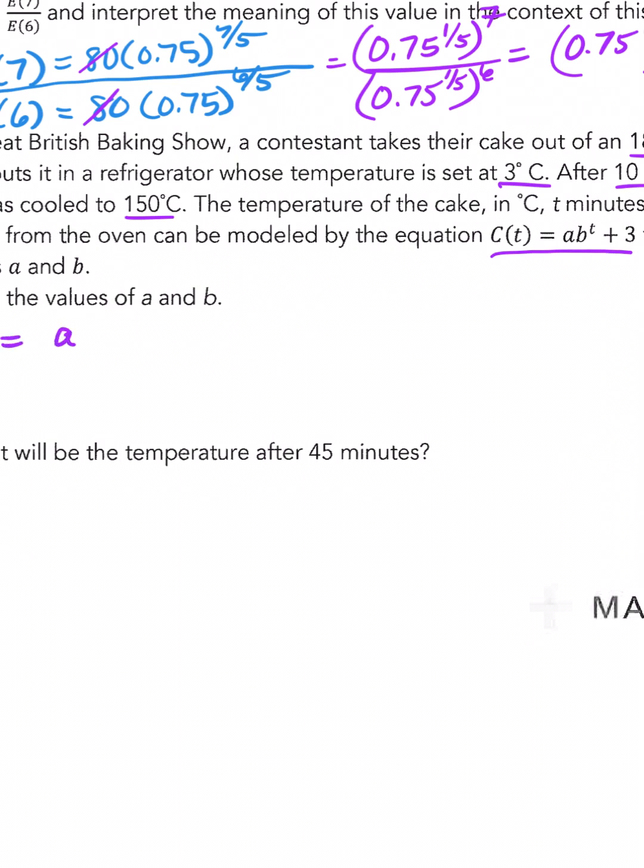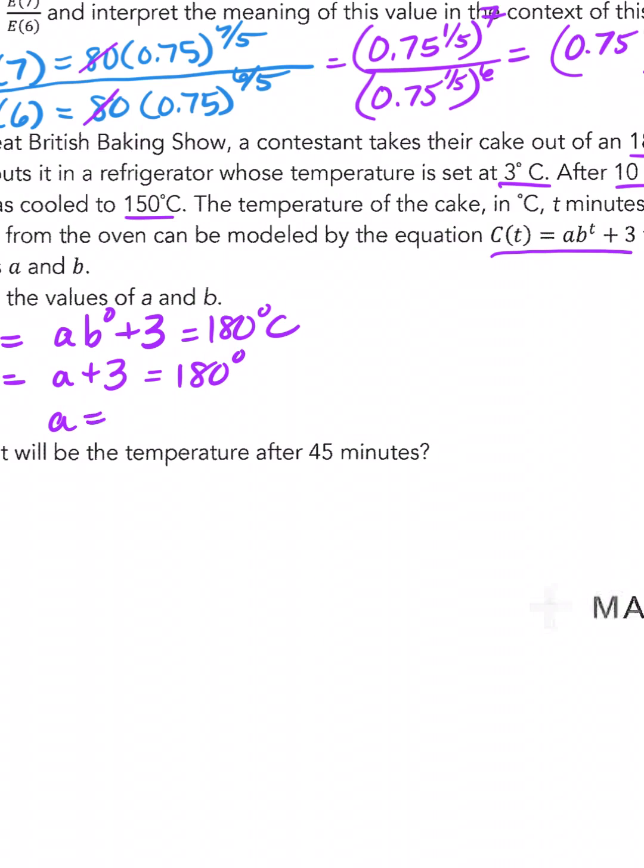This would be a b to the 0 plus 3. b to the 0 would be 1, so this would be a plus 3. And what did we say it started with? 180 degrees. So a plus 3 equals 180 degrees. Subtract 3 from both sides, you get a equals 177 degrees.